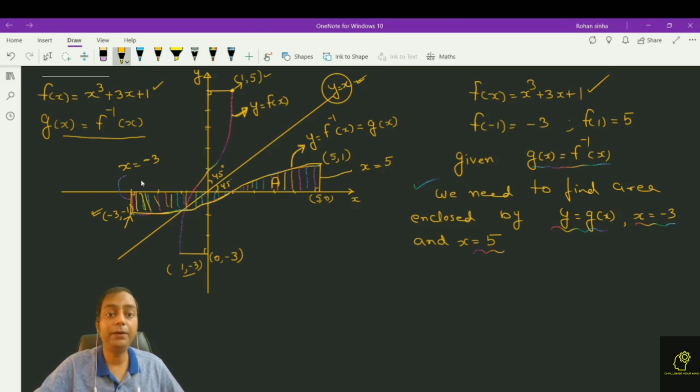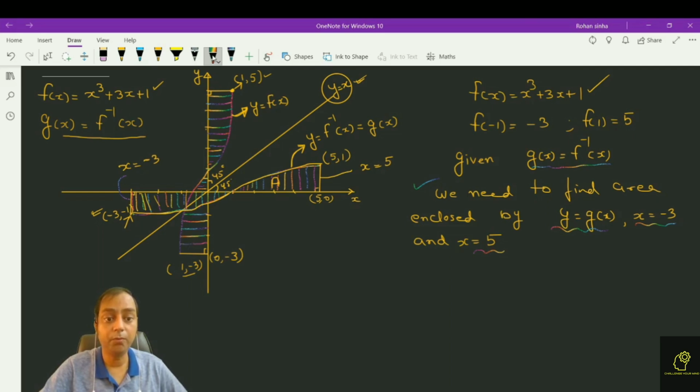Now by geometry, what we observe, this area A is equal to the area bounded by y = f(x) and the y-axis. Both are equal. The area bounded by y = f(x) on the y-axis is the same as the area bounded by y = f inverse x on the x-axis.